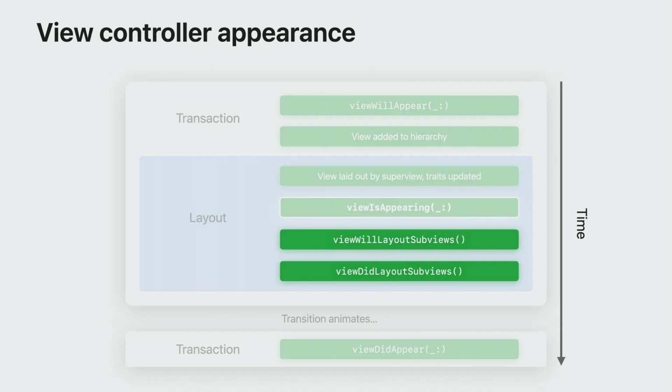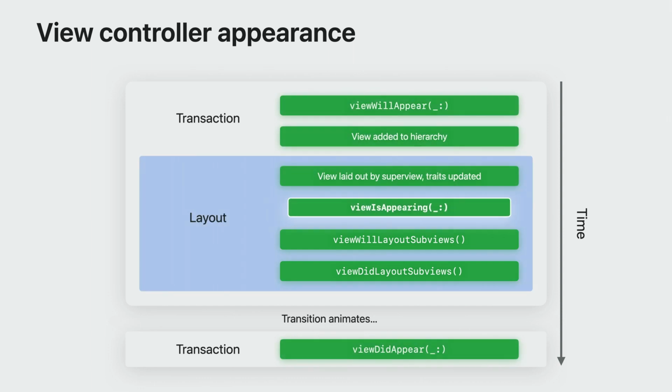Layout callbacks are made whenever the view runs layout subviews, which can happen multiple times during the transition or any time later on while the view is visible. But view is appearing is only called once during the appearance transition, and it still gets called even if the view doesn't need layout. This is why I like to think of view is appearing as the Goldilocks callback. It's not called too early or too late or too often.